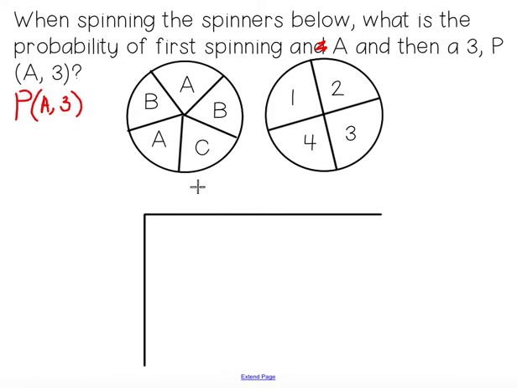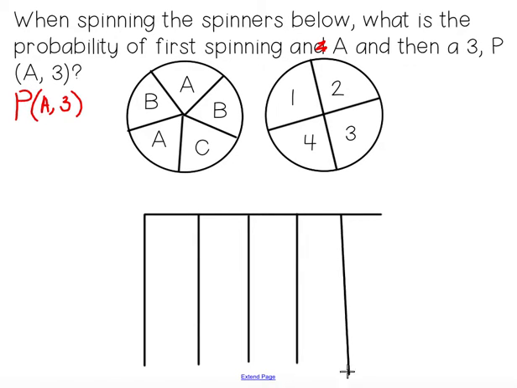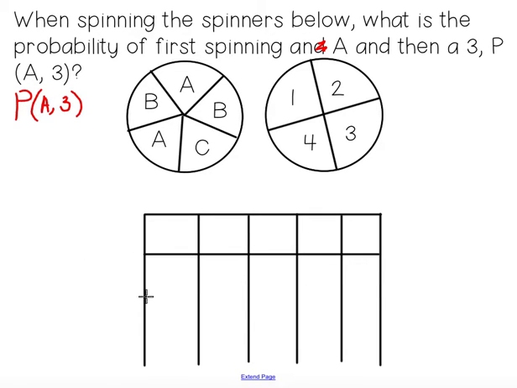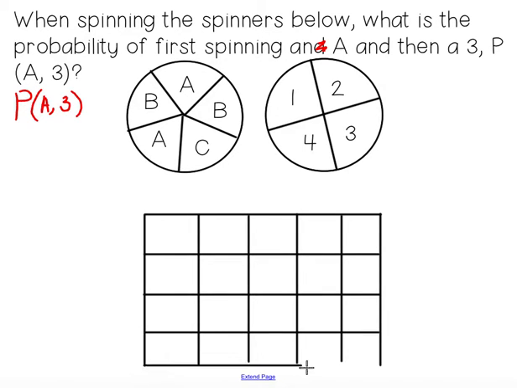So there's 5 sections of the spinner: 1, 2, 3, 4, and 5. Perfect. And then on this one there's 4: 1, 2, 3, and 4. Okay. So then you want to go ahead and label everything.